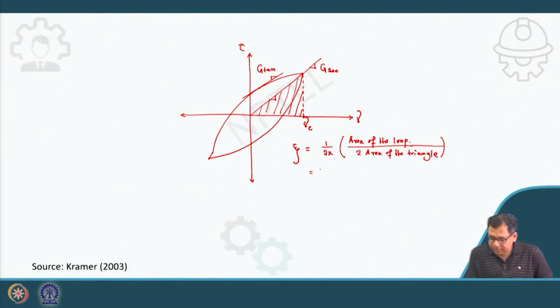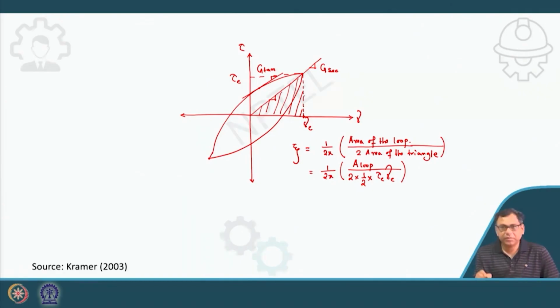So, if I write 1 by 2 pi and this is the area of the loop, then the area of the triangle, if this is shear stress tau C, will be half into tau C into the strain at that point. That is the area of this triangle.